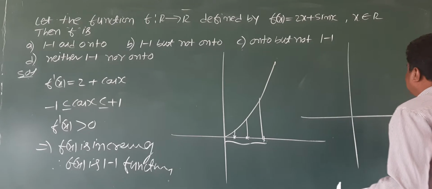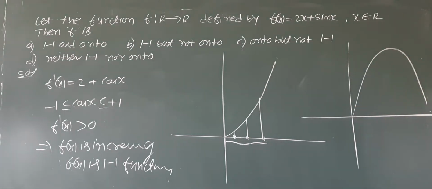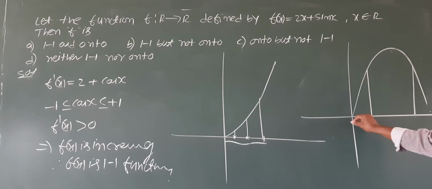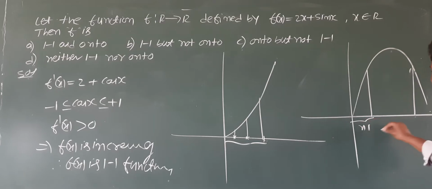Now, look at this, students. If a curve is like this, the function is not strictly increasing; it is increasing, stationary, then decreasing. Look at this, students, it is not one-one. Two different x values, x1 and x2, give the same y value, y1.